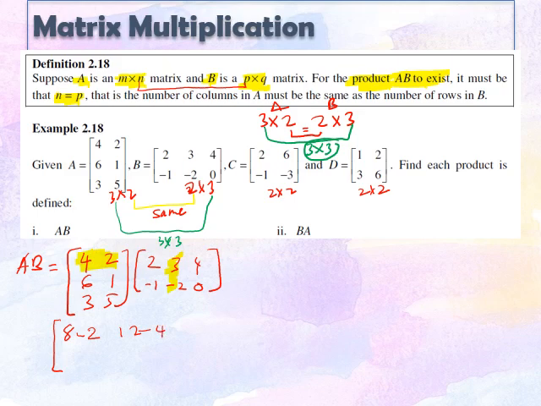And then the third element: 4 times 4 is 16, 2 times 0 is 0, so the answer is 16. Okay, that settles the first row. For the second row, the next one is the bottom row.